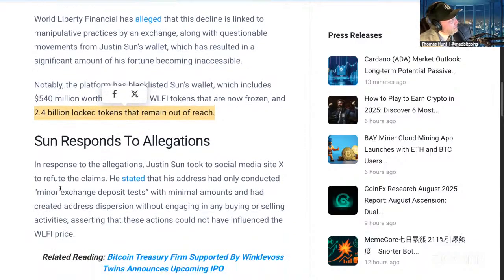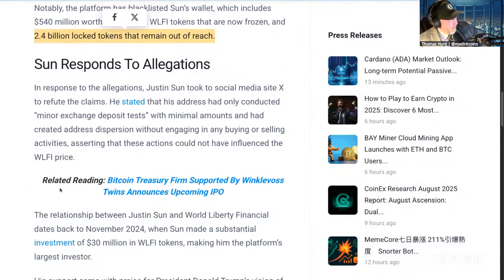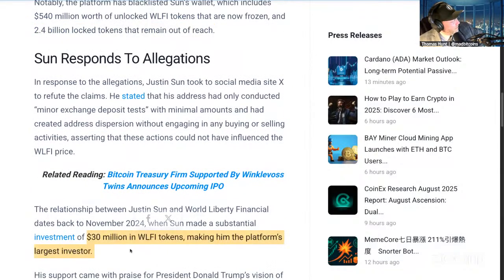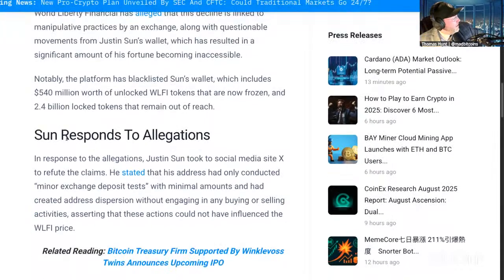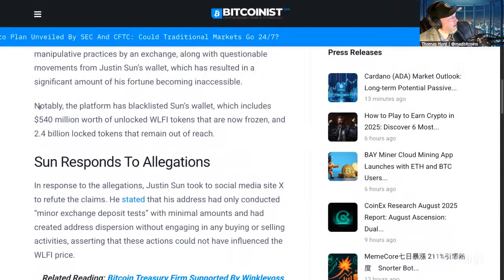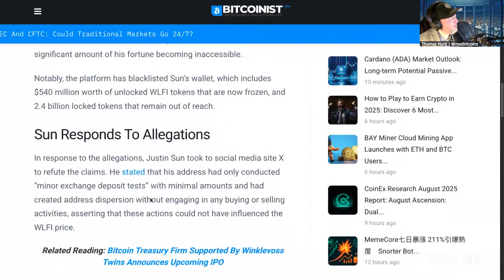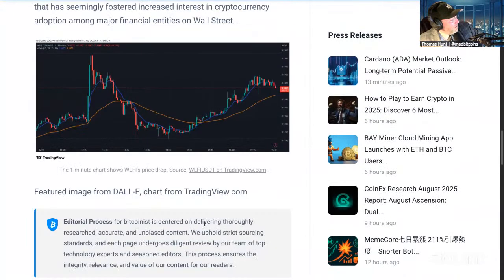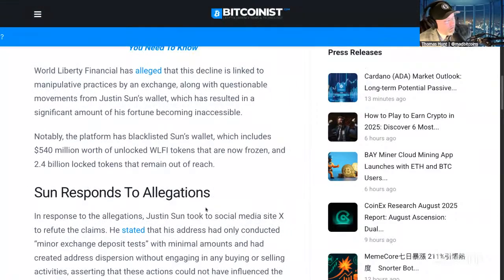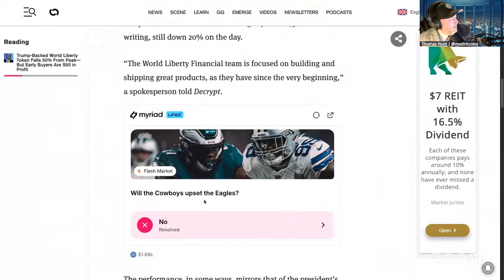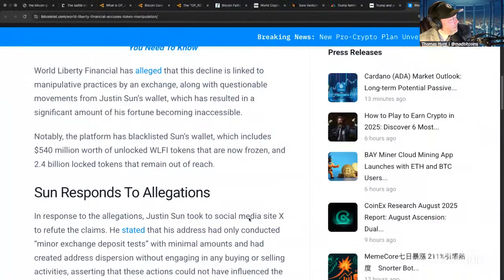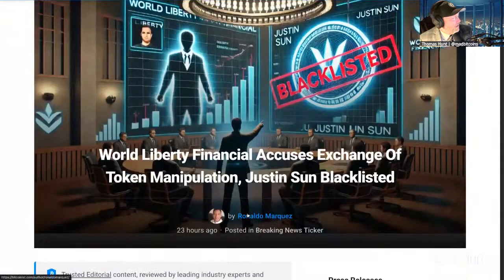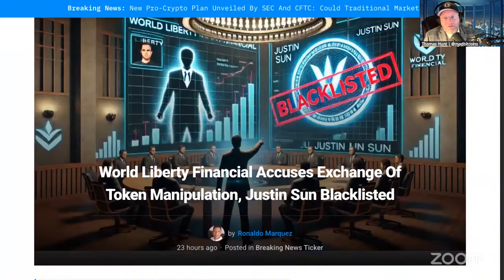He's estimated to have invested around $30 million into the tokens, making him the largest investor, currently worth at least $540 million, plus the additional tokens. Justin Sun has posted a tweet begging the Trump family and the WLFI people to unblock his funds, allow him to send them.